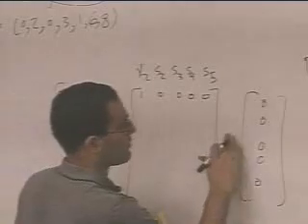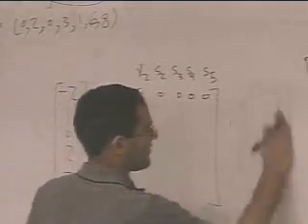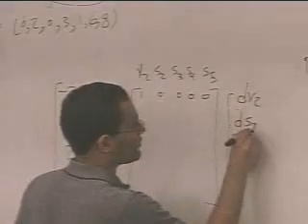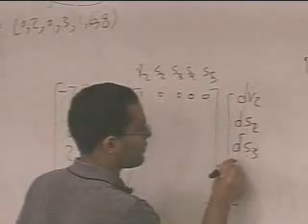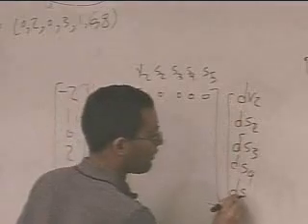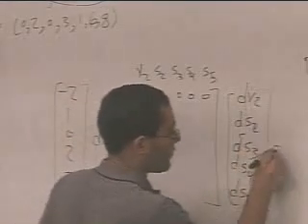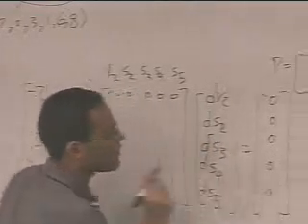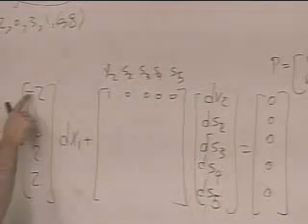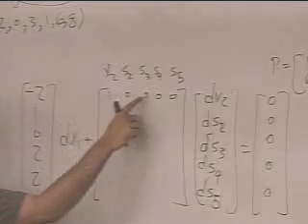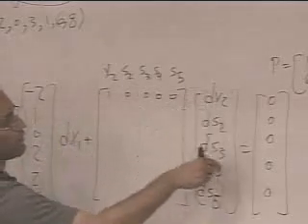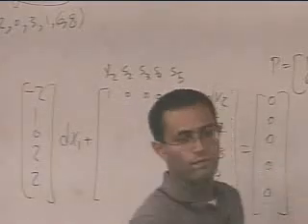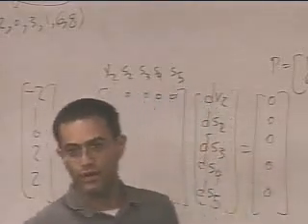Sorry, I missed something here: dx2, ds2, ds3, ds4, and ds5 equals 0, 0, 0, 0, 0. So what I wrote down is minus 2 dx1 plus dx2, the rest are 0, equals 0. That means this constraint would remain feasible. This constraint will not be violated.